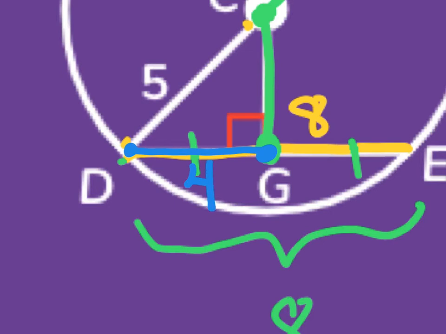So we know that this hypotenuse of this little teeny tiny right triangle is 5. We know that one of the legs is 4, and what we're looking for is this green leg right here.